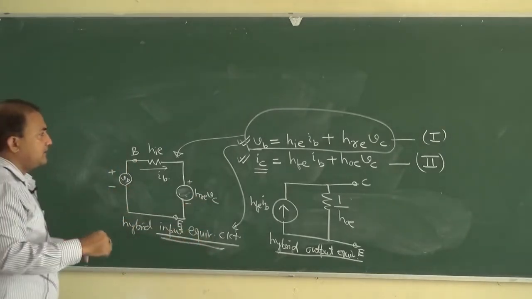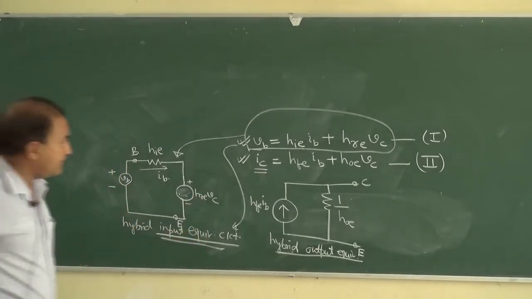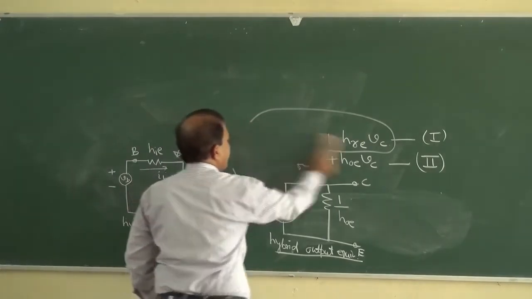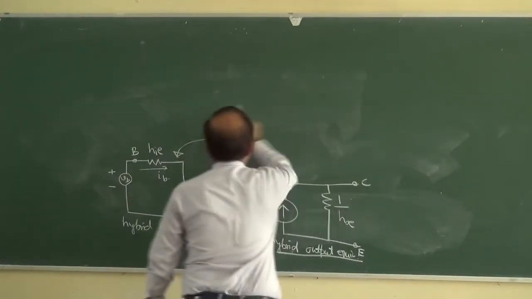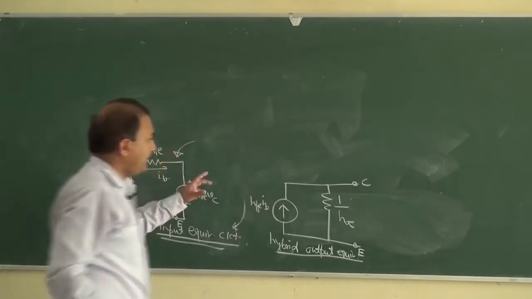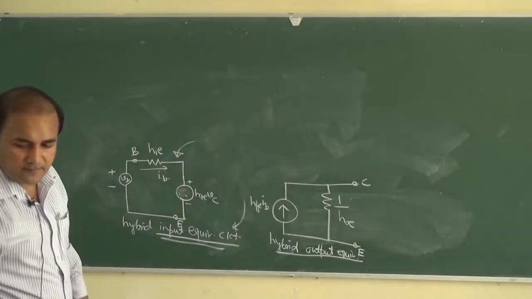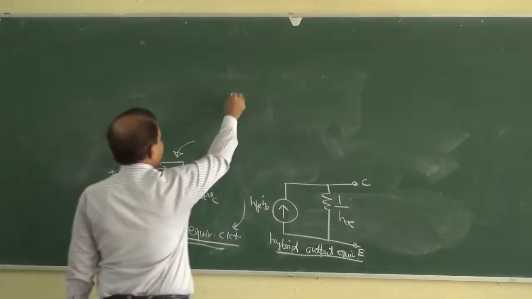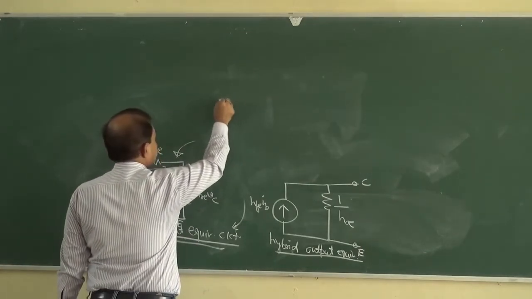Okay, so how can we represent the complete thing in circuit form? We can combine these two. After combining these two circuits, it will look like this.